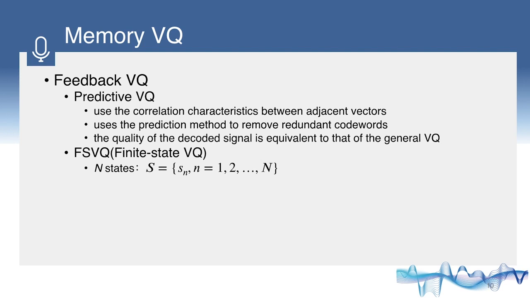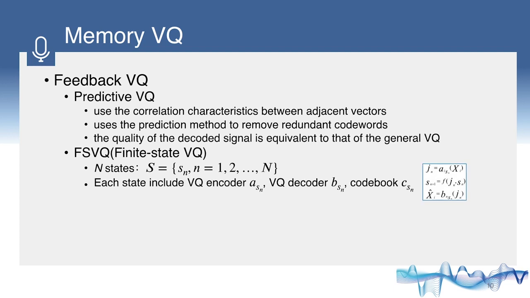FSVQ contains N finite states. Each state has a VQ encoder and a VQ decoder and a codebook. When encoding, in addition to outputting the index of the code word with the least distortion in the codebook, the next state is also given.